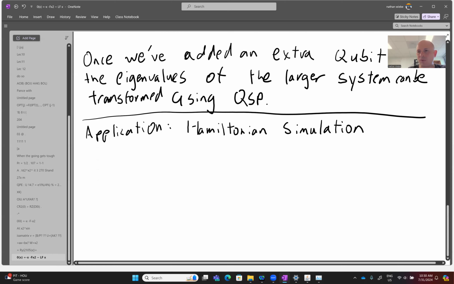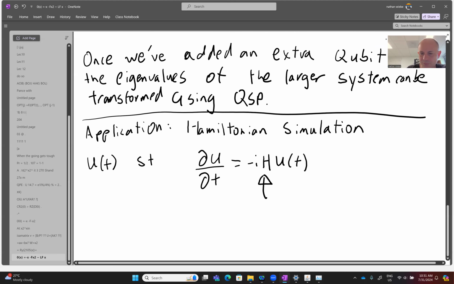With Hamiltonian simulation, we want to build a unitary U of t such that the unitary U of t satisfies the following operator differential equation, where H over here, this is not the Hadamard gate, this is a Hamiltonian matrix. And Hamiltonian matrix really is just physics jargon for this being a Hermitian operation.